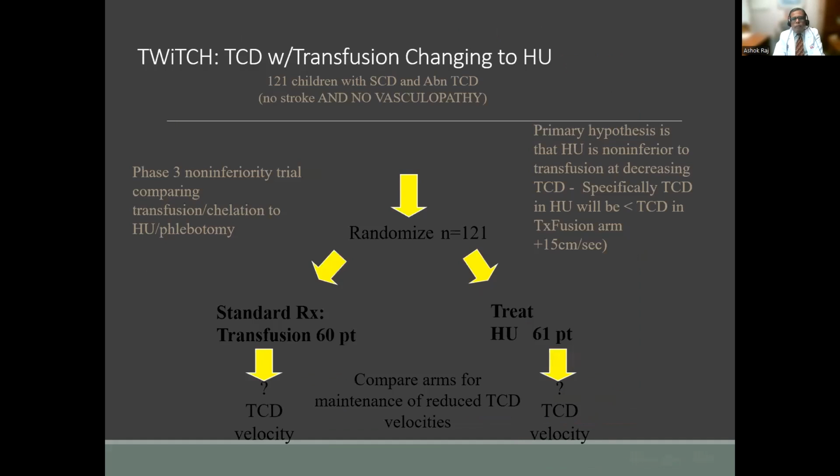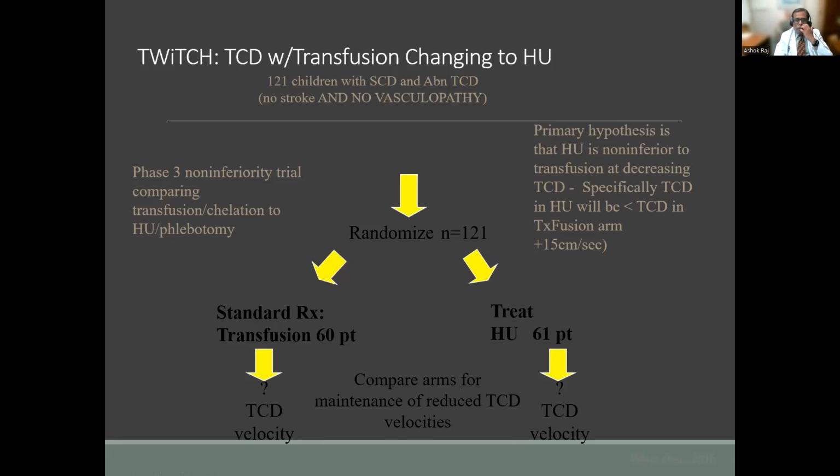Then there was another study called the TWiTCH study, where they looked at patients who have high transcranial Doppler velocities, whether we can switch them to hydroxyurea. And they found that in this category of patients, where they did not have stroke but only elevated transcranial Doppler velocities, one could successfully switch patients from a transfusion protocol to long-term hydroxyurea.